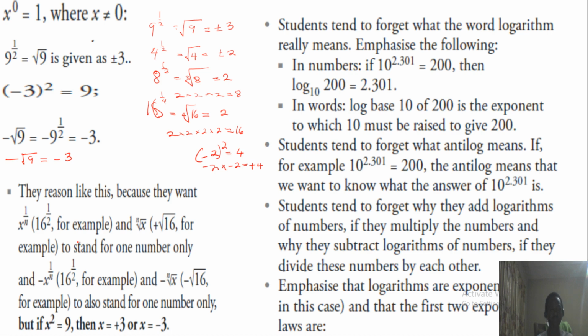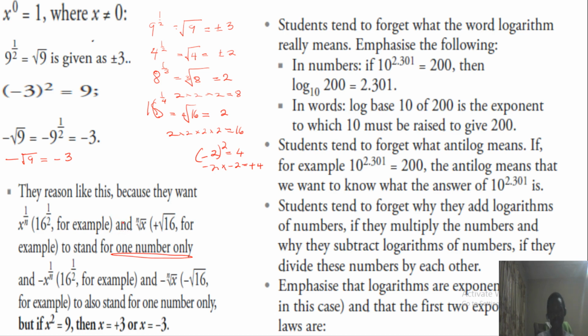Therefore, if it is standing for one number only, I can say root 9 is 3, I can say root 4 is 2. So I'm taking one side of that particular number.